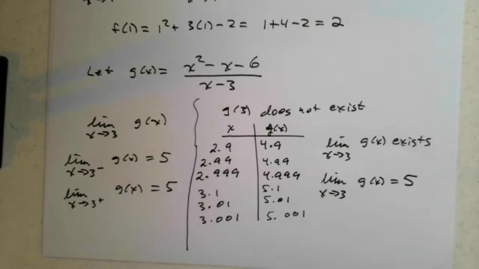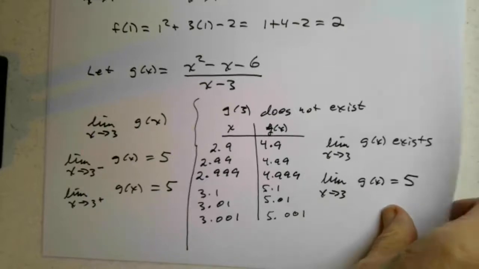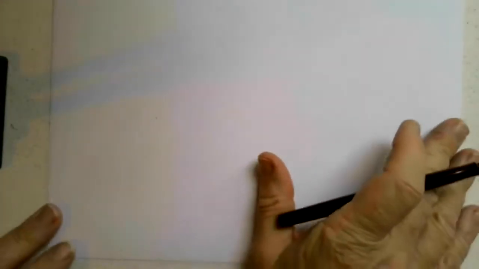So let's take a look at one more sort of question here. This time I'm going to go with a piecewise function, one of our favorite sorts of functions to use in calculus. We are going to say the following.